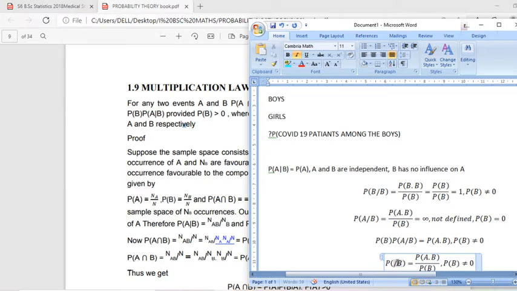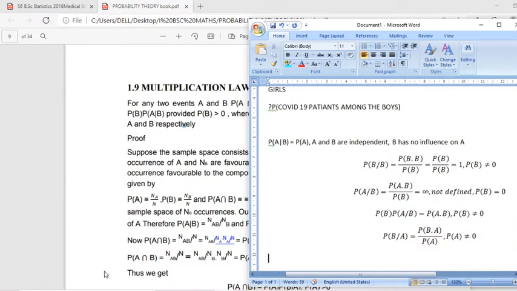We can write probability of B given A equals probability of B intersection A by probability of A, where probability of A is not equal to 0.